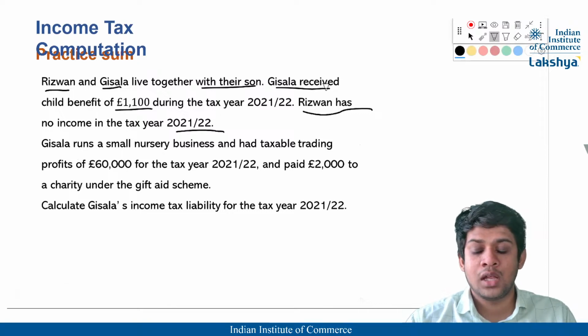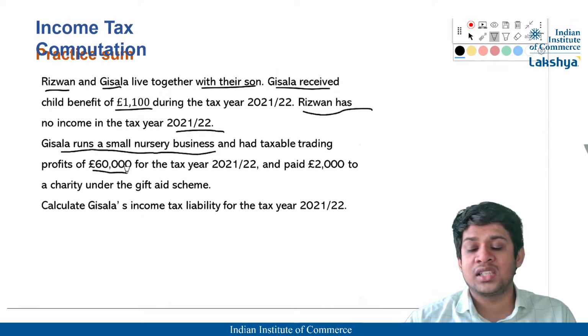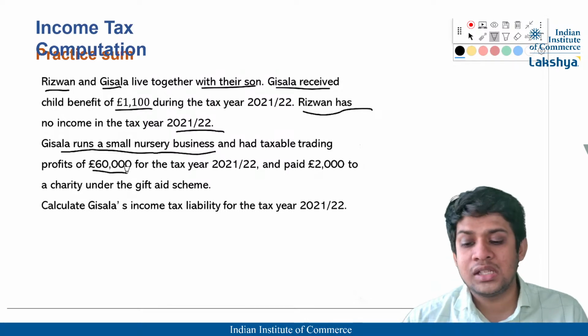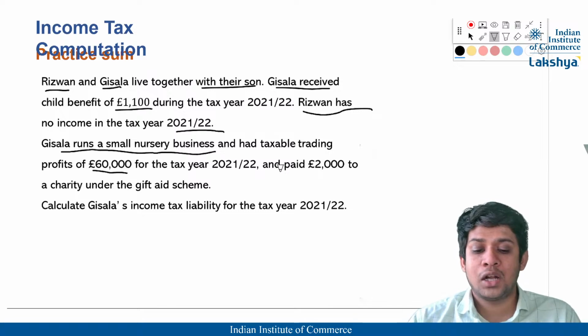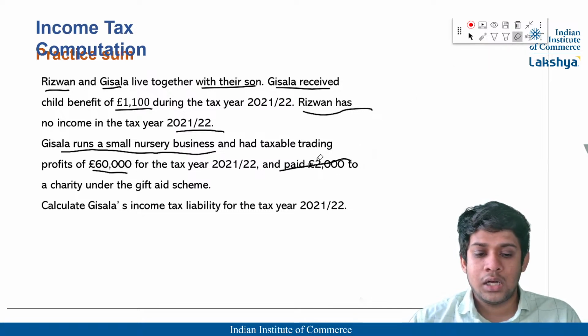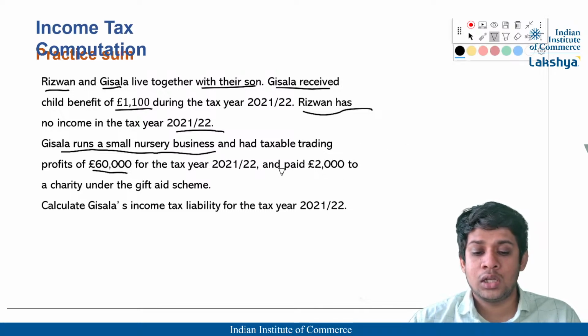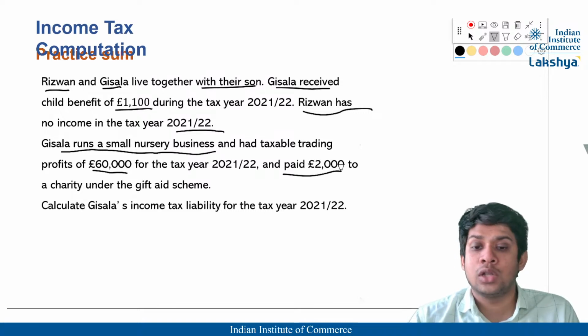Gisela has a small nursery business and her taxable total profits are £60,000, but she has paid £2,000 under the charitable gift aid scheme. You have to calculate Gisela's income tax liability for the year.